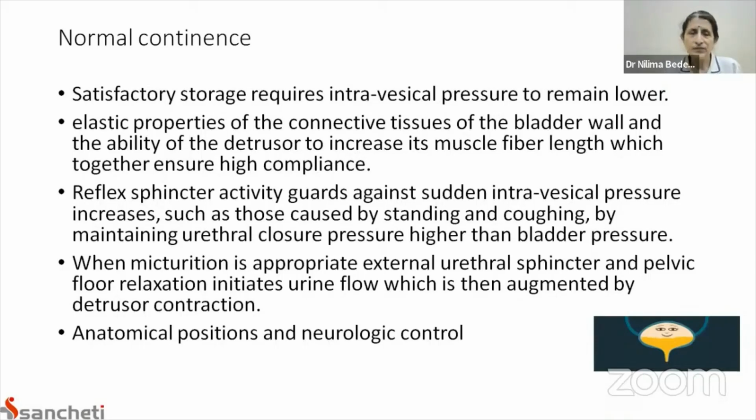When micturition is appropriate, then the reversal of all this happens, and there is a detrusor contraction. To have all this in place, the anatomical positions of the bladder and urethra have to be there, and the appropriate neurologic control. Without the anatomical connections, this is not going to work.